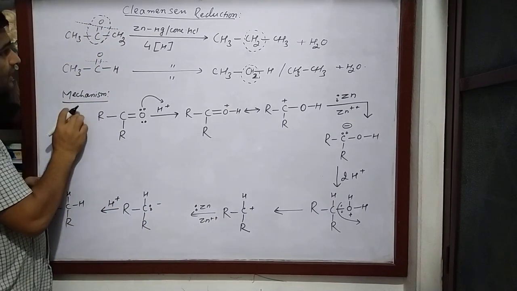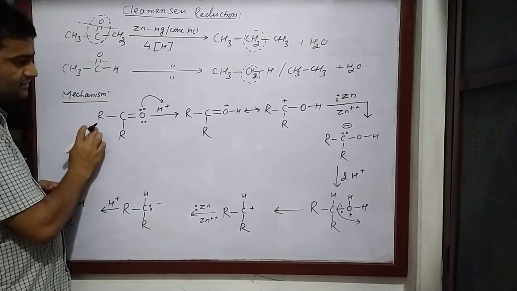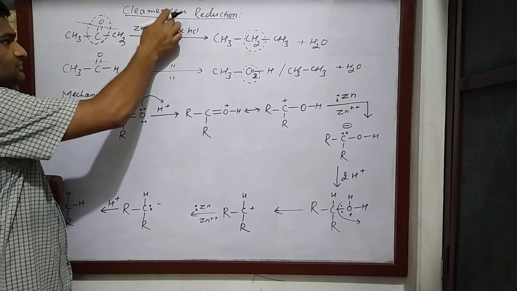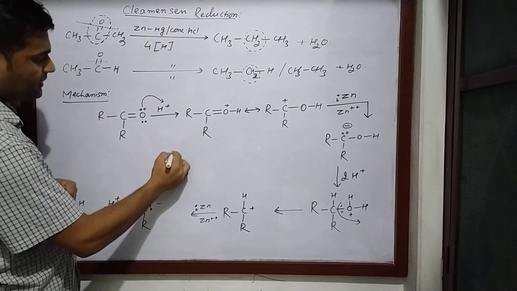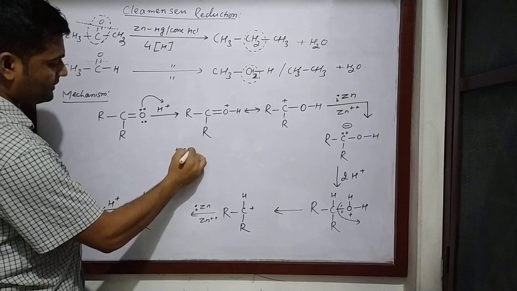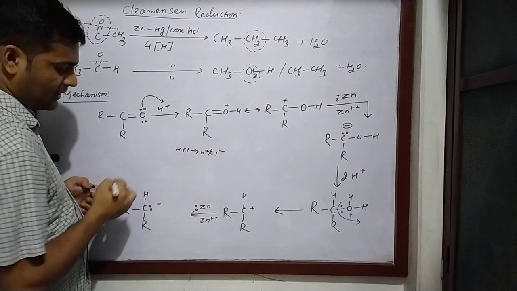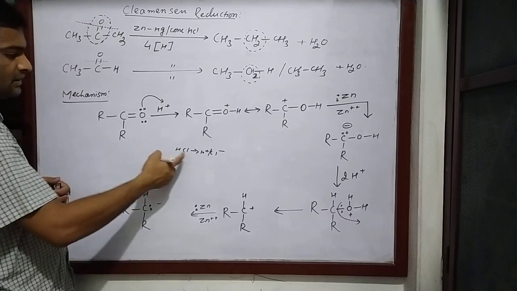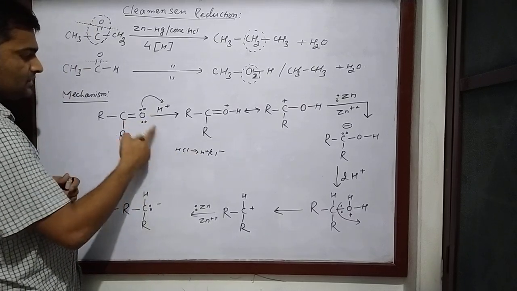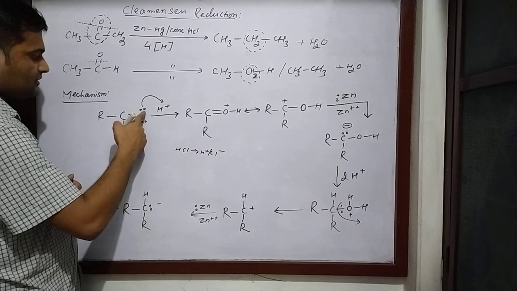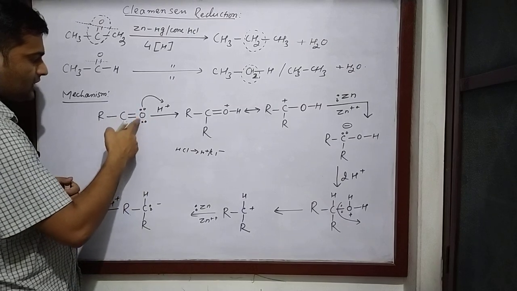And what is the mechanism behind this Clemmensen reduction? When we use this mixture, at first the HCl molecule ionizes to give H+ and Cl-, and this H+ is attracted by the lone pair of electrons present on the carbonyl oxygen.